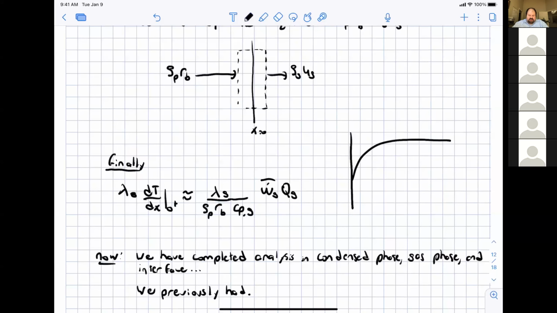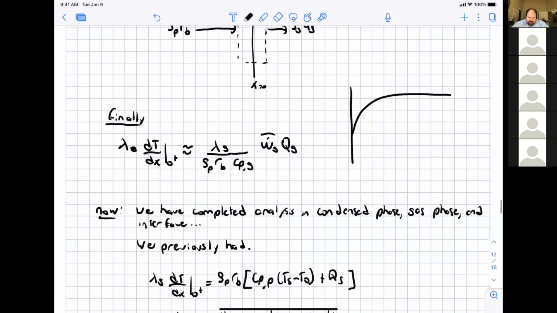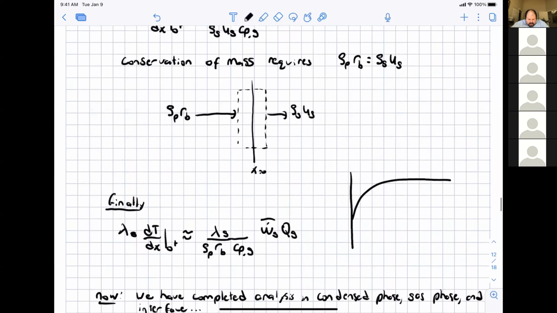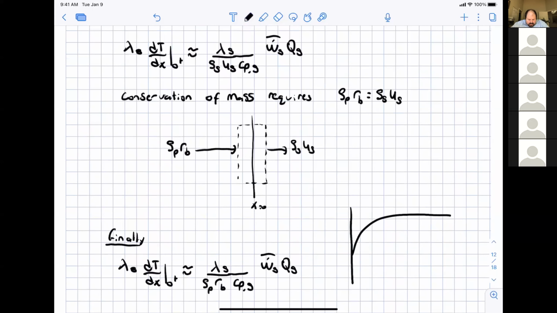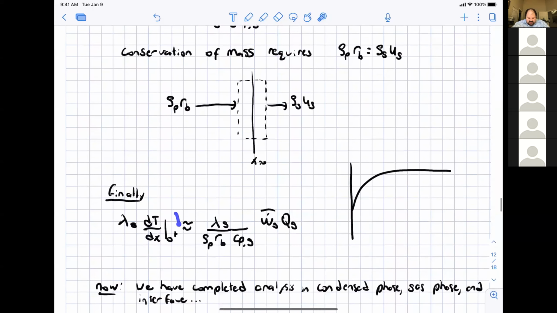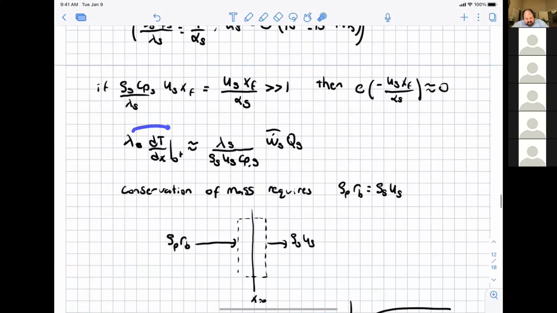But anyways, does the thermal conductivity cancel out here? The lambda is on both sides of the equation. So is our temperature profile not a function of our thermal conductivity? Oh no, if you integrate the temperature profile, yes, it is. But this is just substituting this into here. That's just saying that the conduction heat flux at the surface is equal to this.